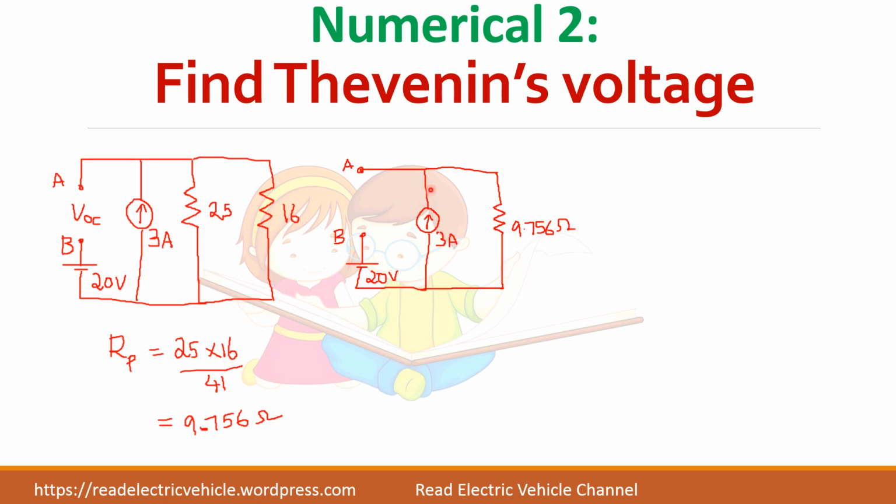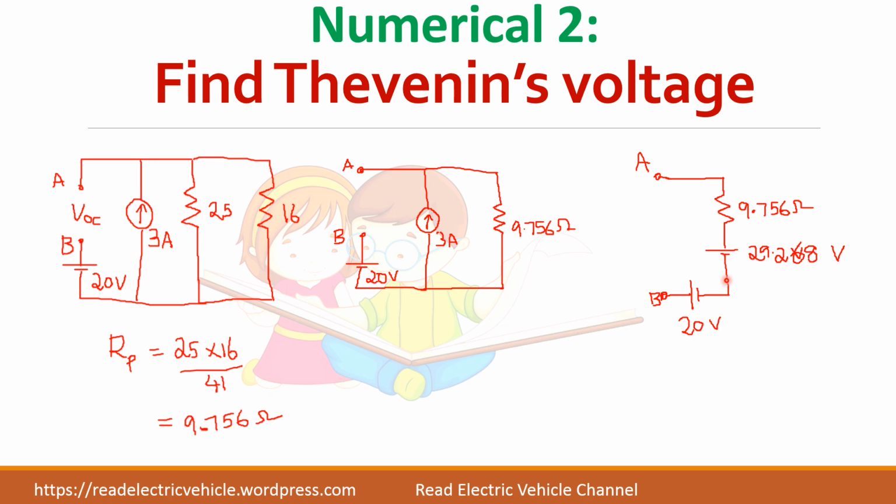Let us draw the circuit again. So the 3 amps current source is in parallel with this resistance. This current source in parallel with the resistance can be transformed into a voltage source in series with the same resistance. So I am doing source transformation. So 3 into this resistance 9.756 will give you 29.268 volts.